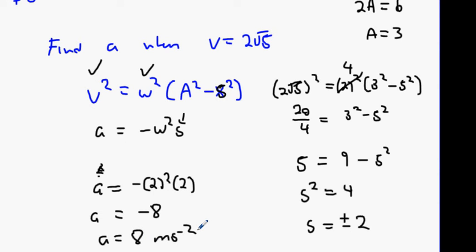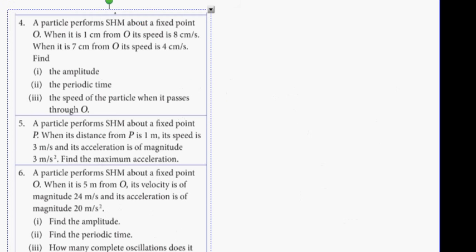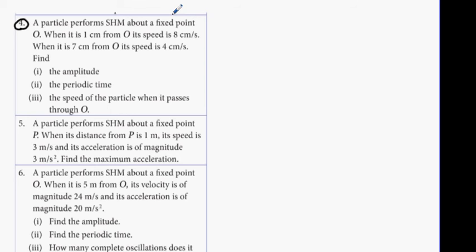Okay, so moving on. To do question 4. So 1, 3, and now we're on 4. A particle performs simple harmonic motion about a fixed point O. When it is 1 centimeter from O, its speed is 8. When it is 7 centimeters from O, its speed is 4. So you're basically at the blue point A. At point A, your velocity.